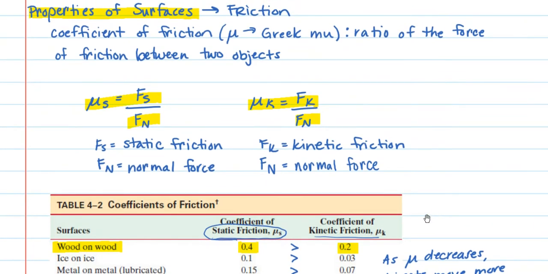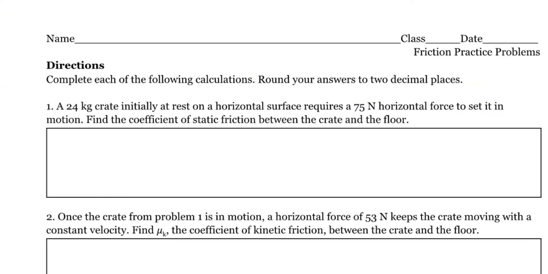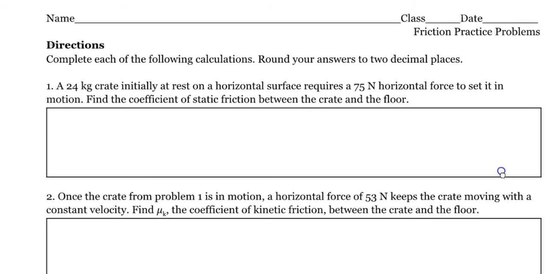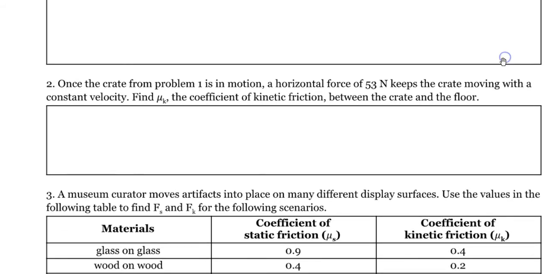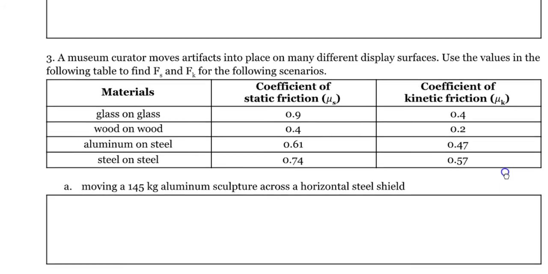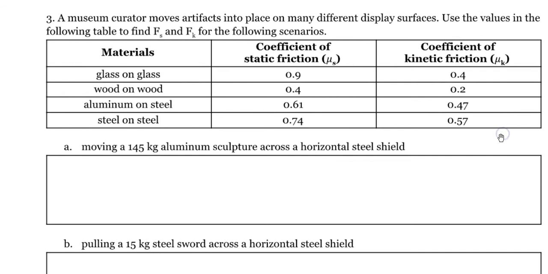Actually, I will go through one of the practice problems that I posted in the slideshow so that it makes a little bit more sense. So I'm going to skip through the first few and go to problem number 3. It says a museum curator moves artifacts into place on many different display surfaces.